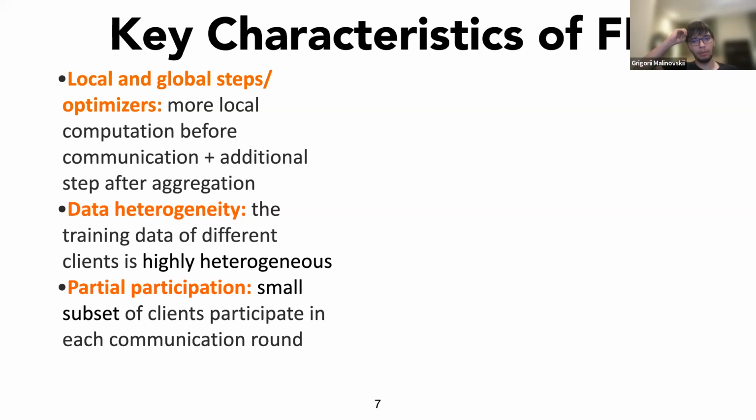Another problem is that in practice, only a few clients can participate at each round. Because, for example, if we have millions of phones, it's impossible to force them to communicate together at a certain time point. So this means that the algorithm should use some client sampling technique, which causes additional variance.